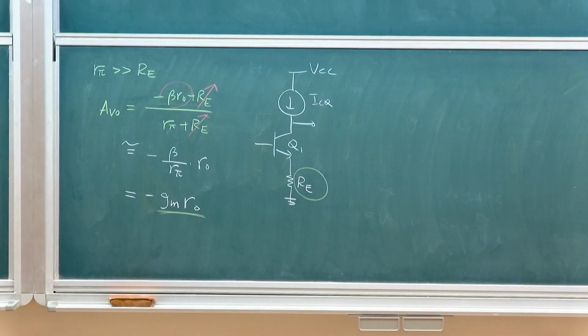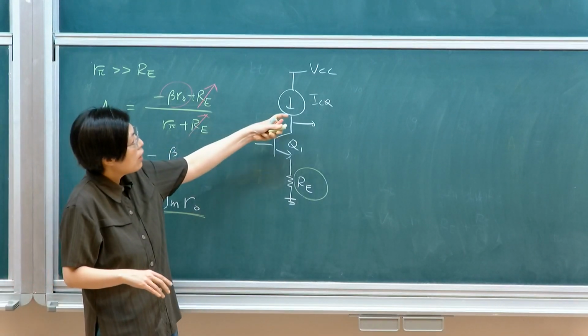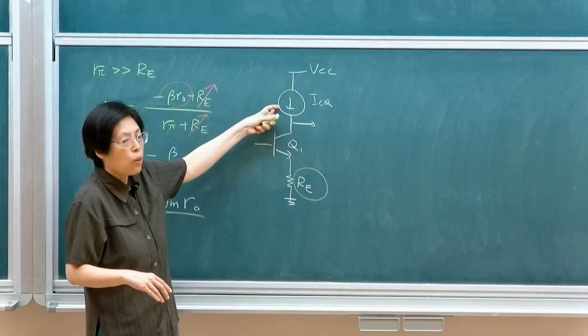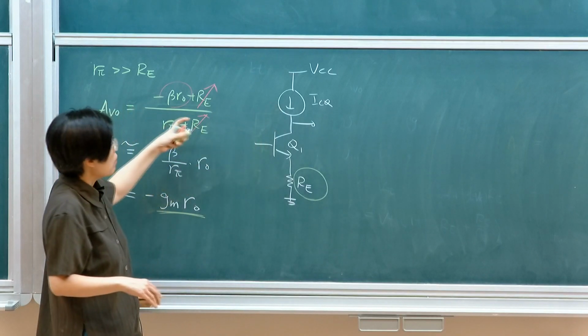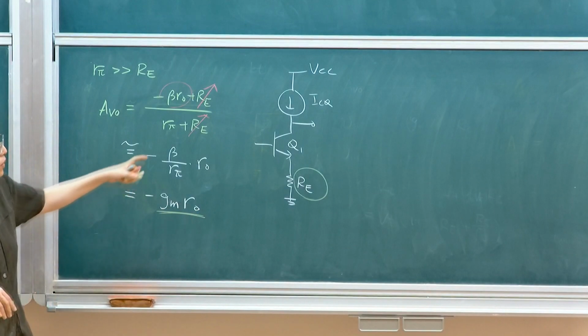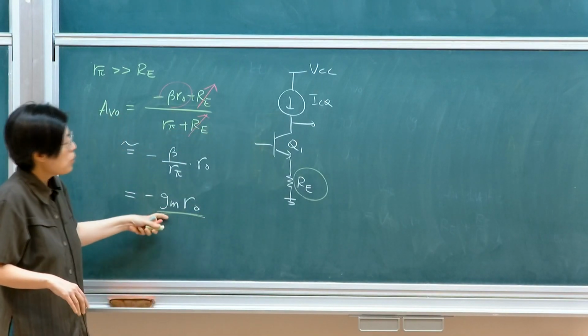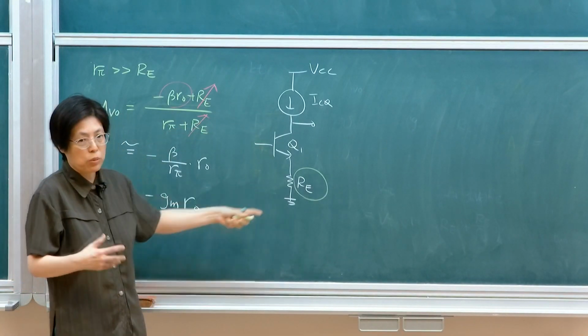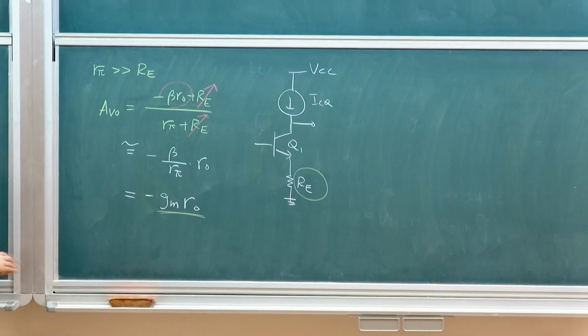So this is a very special case, when you have a totally ideal current source, and typically when the loading resistance is much, much larger than the output resistance, this is what happens. If this is much, much larger, then the RE effect no longer exists. There's no attenuation of gain.